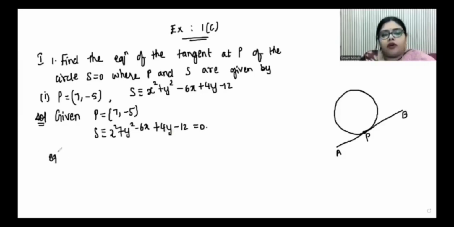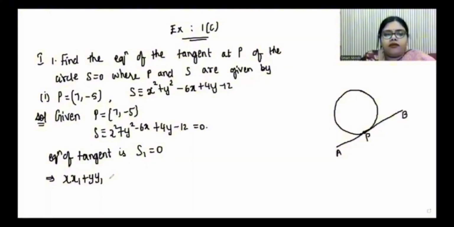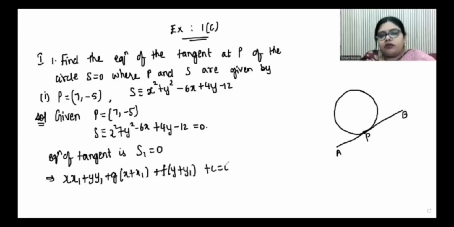Now we have a formula for the equation of tangent. What is the formula? It is S1 = 0. So what do you mean by S1? S1 means xx1 + yy1 + g(x + x1) + f(y + y1) + c = 0.